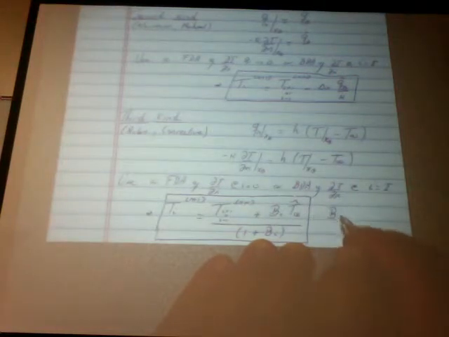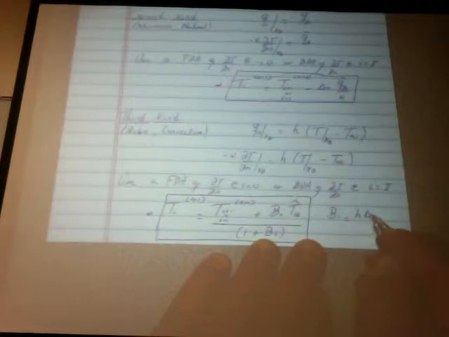Such that this is equal to h times delta x divided by k, or Bi number. Bi number is just a ratio of convection to conduction, what dominates over what.